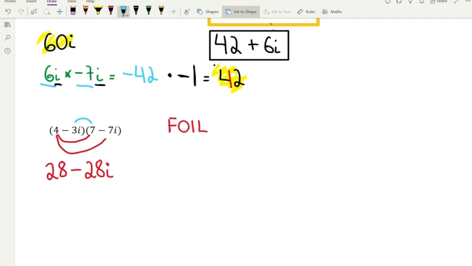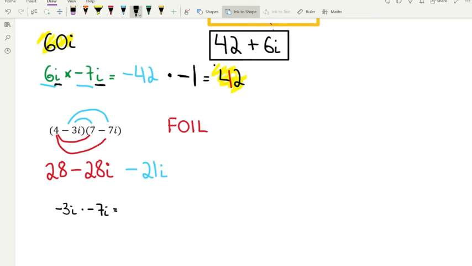But we also got to do 3i times 7 and negative 3i times negative 7i. So negative 3 times 7 will give us negative, because it's a negative times a positive, 21i. And negative 3i, let's just write this out a little bit simpler, negative 3i times negative 7i.